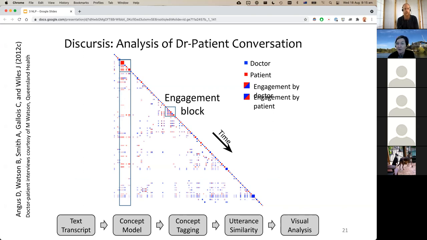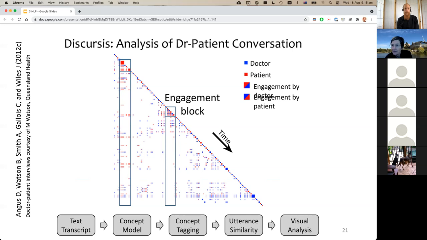You can actually look at this vertical column and see that early on in this doctor-patient consultation, the issues that the patient raises right at the beginning keep recurring. If in that column it's red, it says the patient's repeating themselves. If it's purple, it says the doctor is repeating the patient. Okay, next.